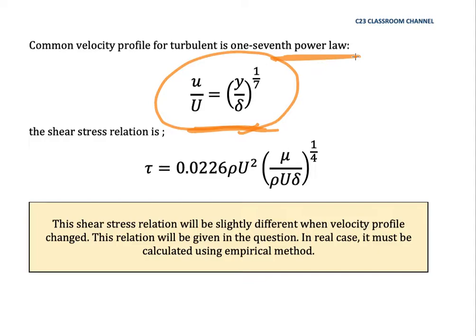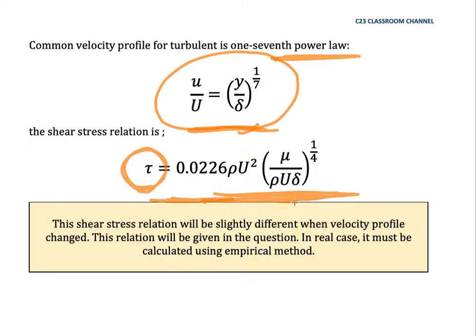The value of shear stress calculated by the Blasius solution can be written as this one. However, the shear stress relation will be slightly different when the velocity profile changes. This relation will be given in the question. In a real case, it must be calculated using an empirical method. So this is the quite common shear stress from the Blasius solution.